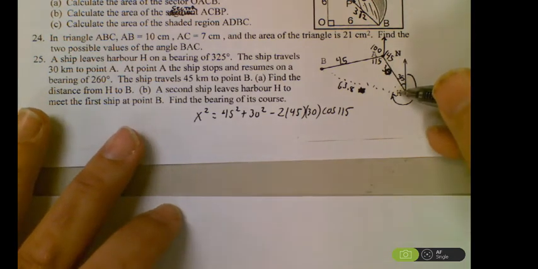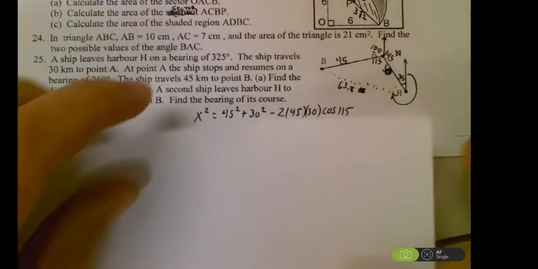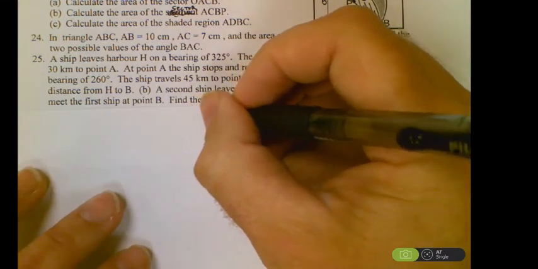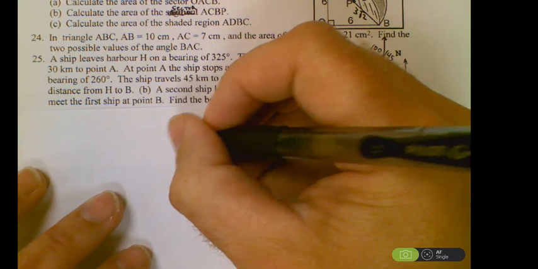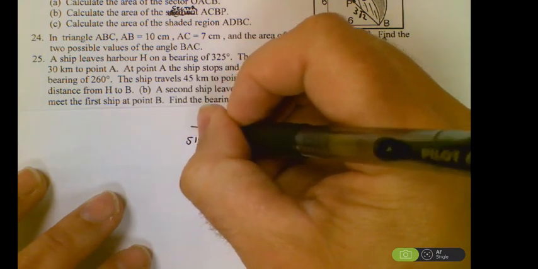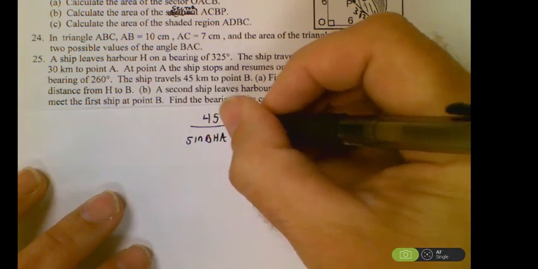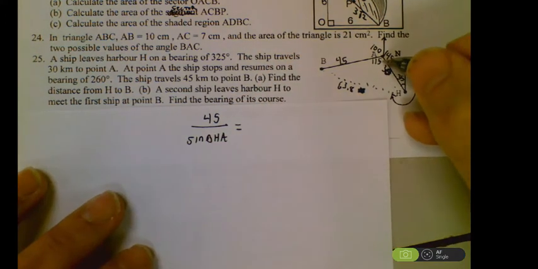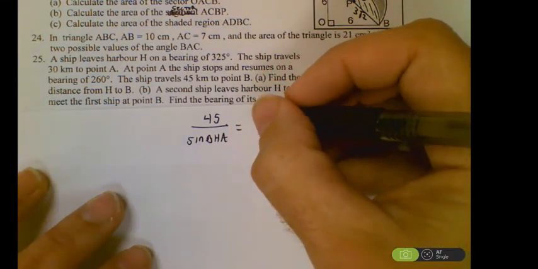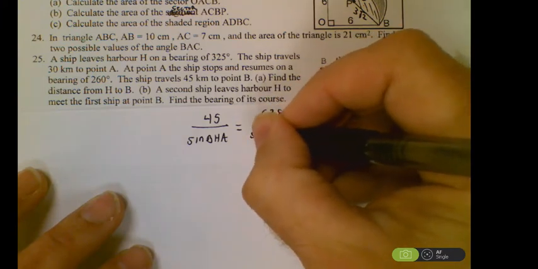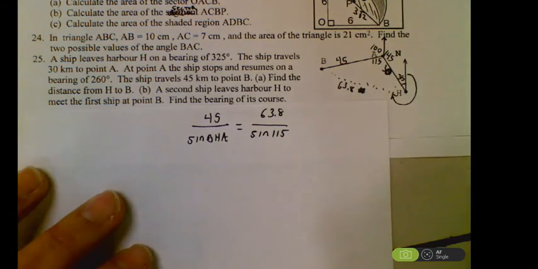A little sine rule on this one, so we can say sine of BHA over 45 equals the sine of 115 over 63.8. So there you go.